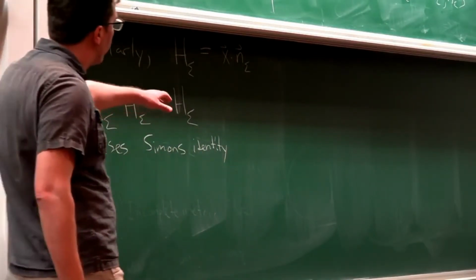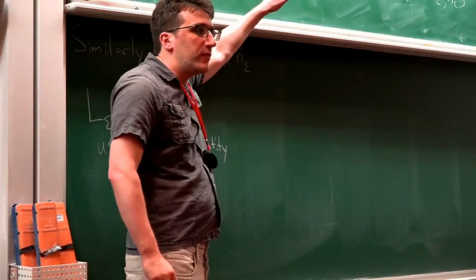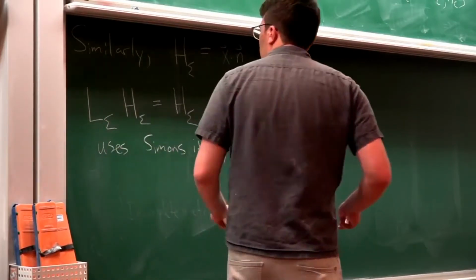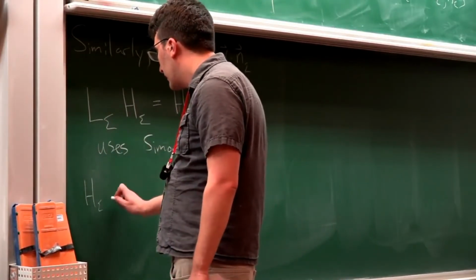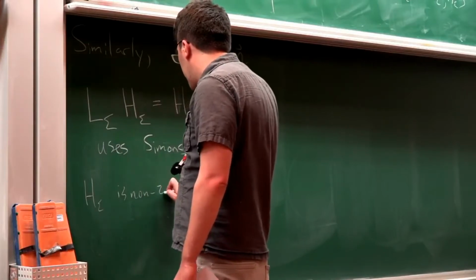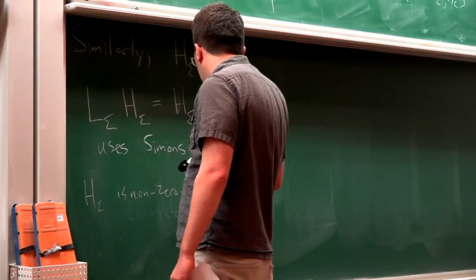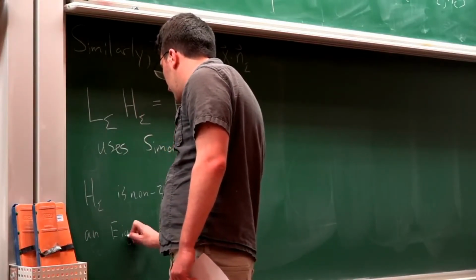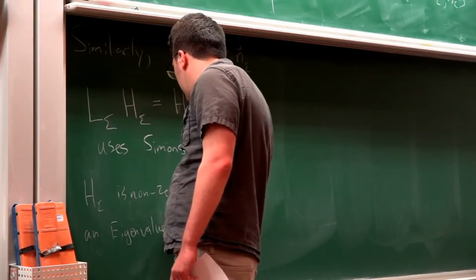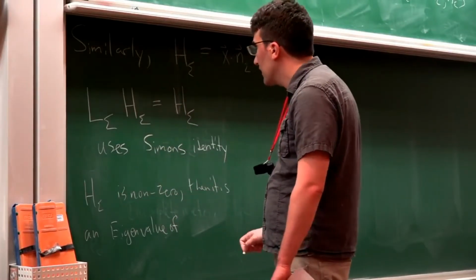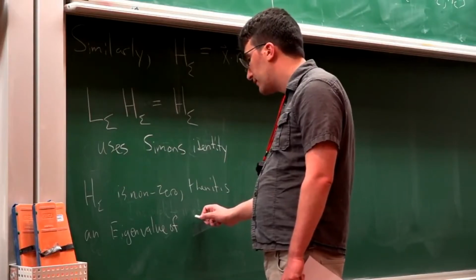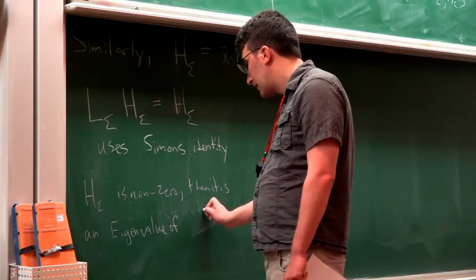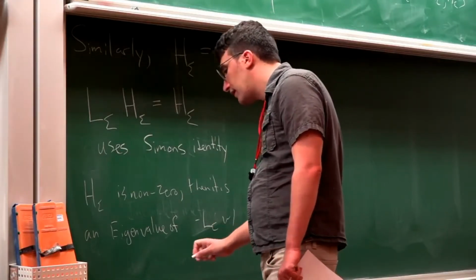Alternatively, you could try to compute it here and do basically the same types of computations. In other words, this means that if H sigma is non-zero, then it is an eigenfunction of minus L sigma with eigenvalue.